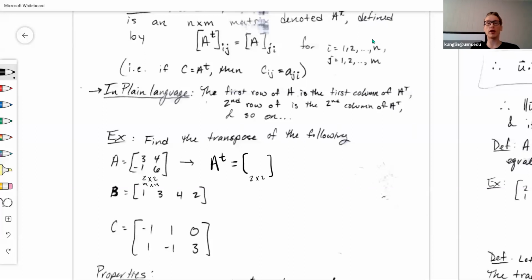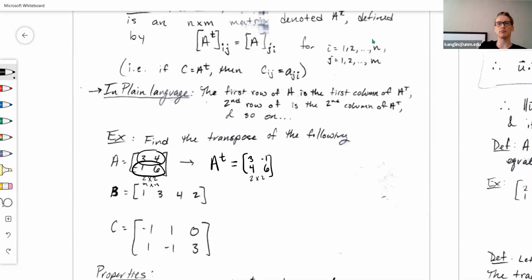All we're going to do is take the first row of A, 3, 4, and write that as the first column of A transpose, 3, 4. Move on to your next row, negative 1, 6, and write negative 1, 6. It's just that easy. There's really nothing more to it.